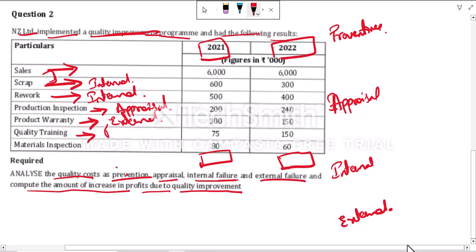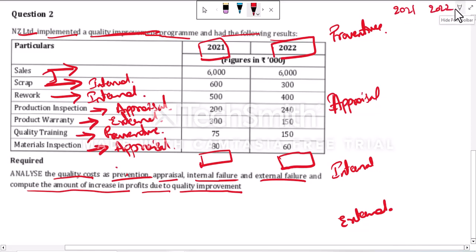Quality training is preventive cost. And next, material inspection is also appraisal cost. How I have divided all this, see the concept video, you can understand how I divided all this. So write the scrap amounts right here, 2021, 2022.